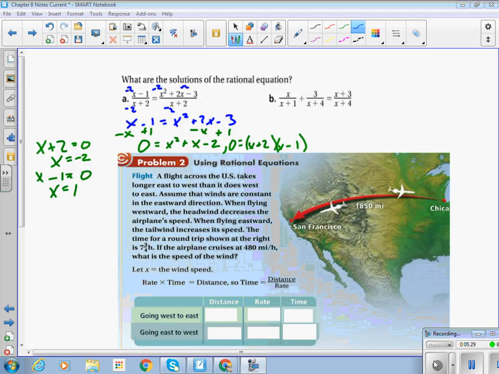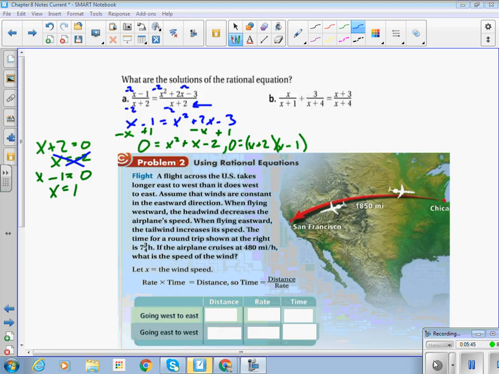That's right, the denominator equals 0. If I plug in -2 plus 2, that's 0. I can't have 0 in the denominator, so x equals -2 is extraneous. That's why we have to plug it back into the original.